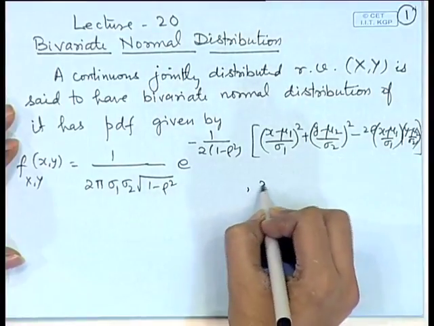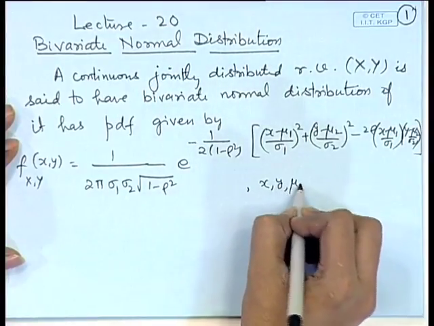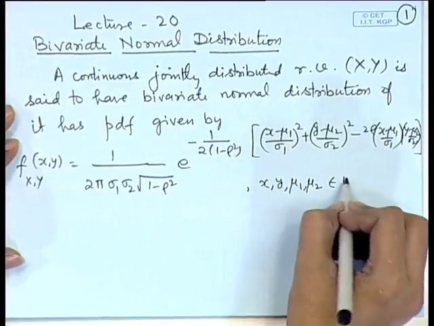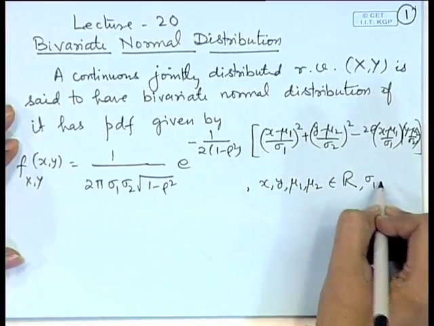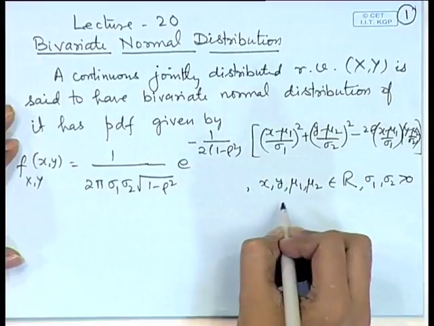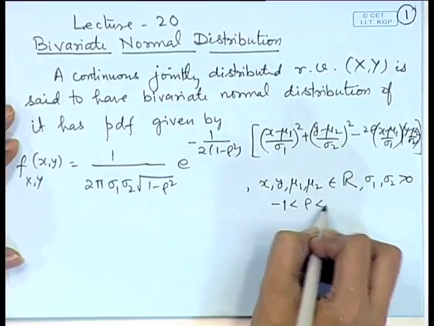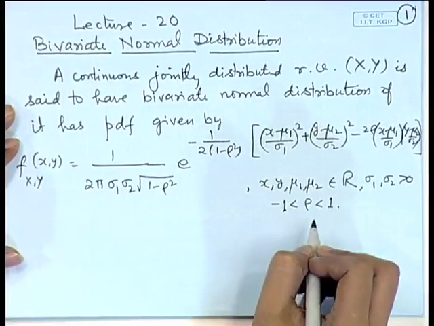Here the range of x, y, mu 1, mu 2 is the whole real line, sigma 1 and sigma 2 are positive, and rho is between minus 1 and plus 1.